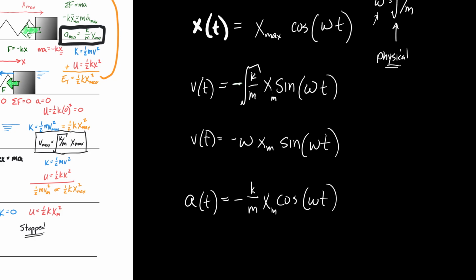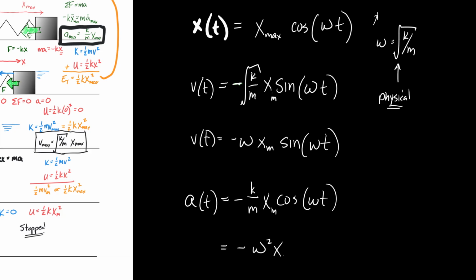We could remember that omega stands for something here, and we could write this as a generic omega squared xm cosine omega t. So specific to a spring, generic, generic. All okay?